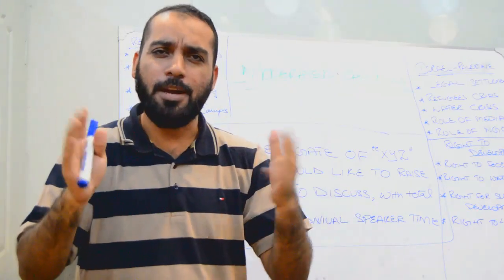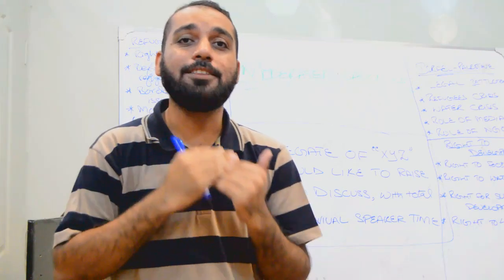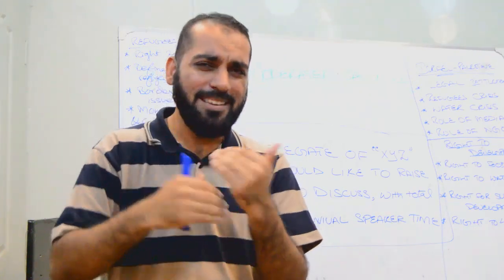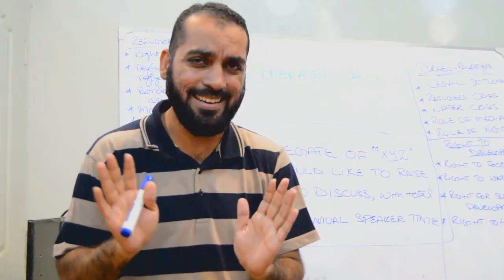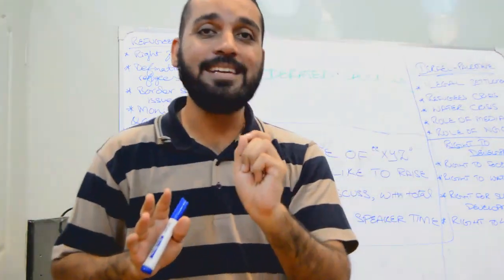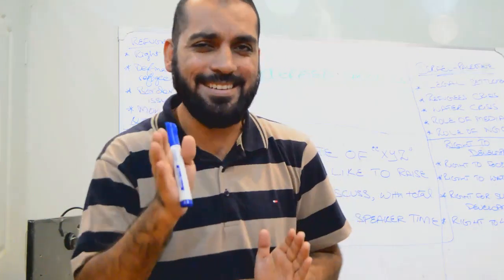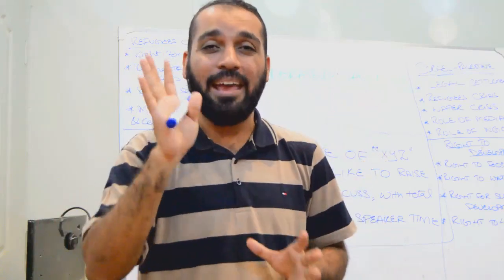Usually the individual time is not less than 30 seconds, again at the discretion of the chair, and the best practice is 45 seconds. The total time is usually not more than 20 minutes. Usually the chair uses their discretion, but the maximum is 20 minutes.